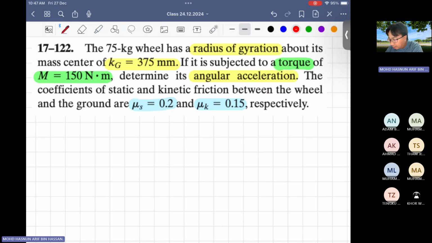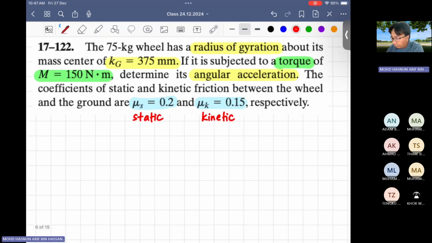Mu s is the coefficient of static friction. Mu k is the coefficient of kinetic friction. So what is the difference? These are coefficients of friction. Why are two types of coefficient of friction given?